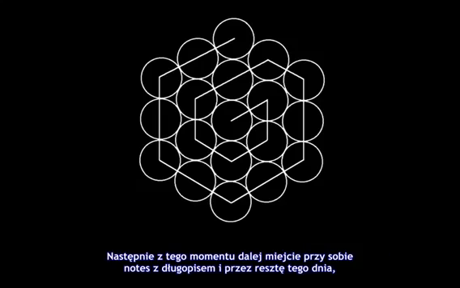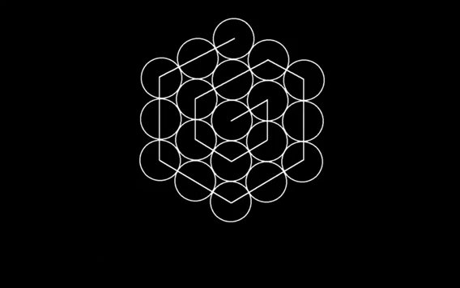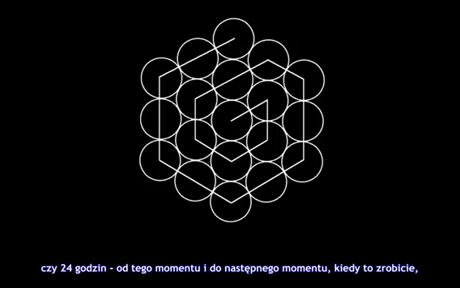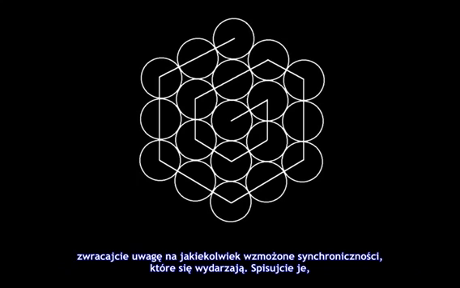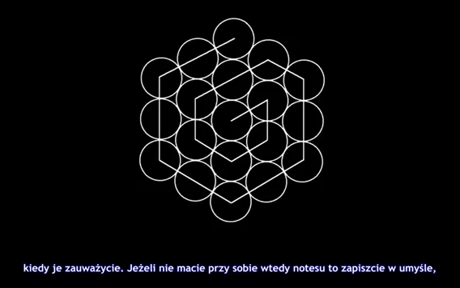Then, from that point forward, have a journal and a pen or pencil ready. Through the rest of that day, or for the 24 hours, as you say, between this time you did this and the next time you did it, or will do it, pay attention to any increased synchronicities that occur. When you notice them, make a note and write them down.